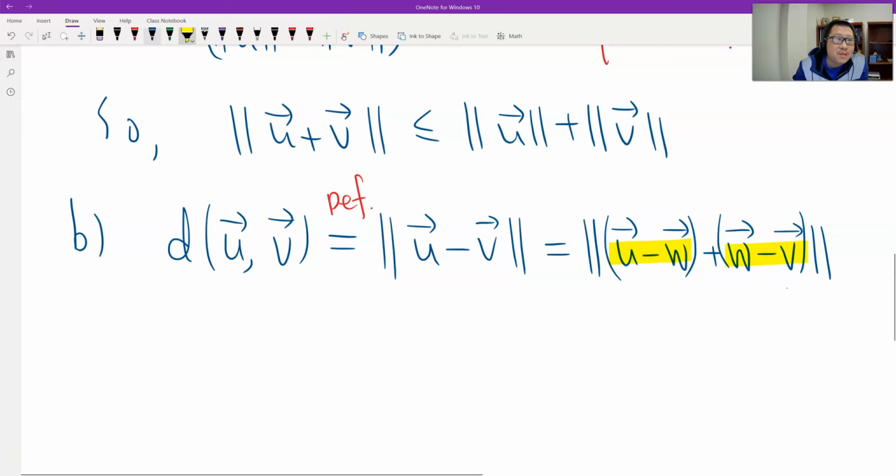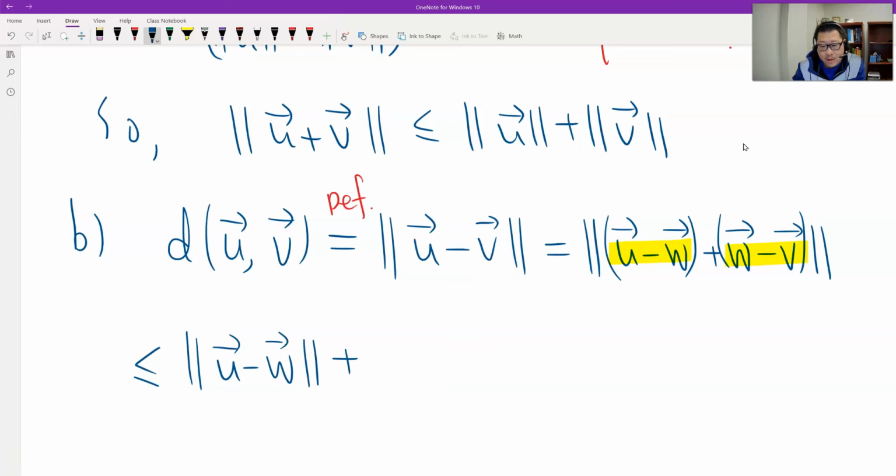So we use the triangle inequality we just proved. The norm of the sum should be no more than the sum of the norms. Therefore, this is less than or equal to the norm of the first one plus the norm of w to b.